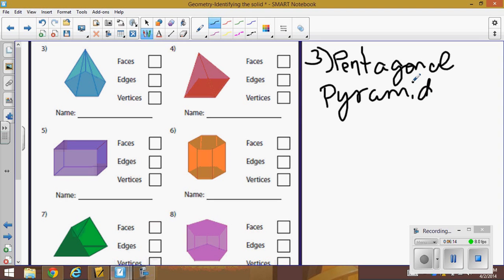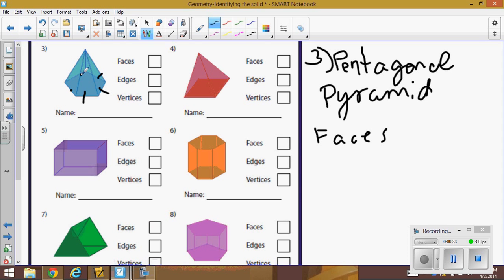Okay. For faces, I want to know the number of faces. Okay. So this pentagonal pyramid has 5 sides. 1, 2, 3, 4, 5.